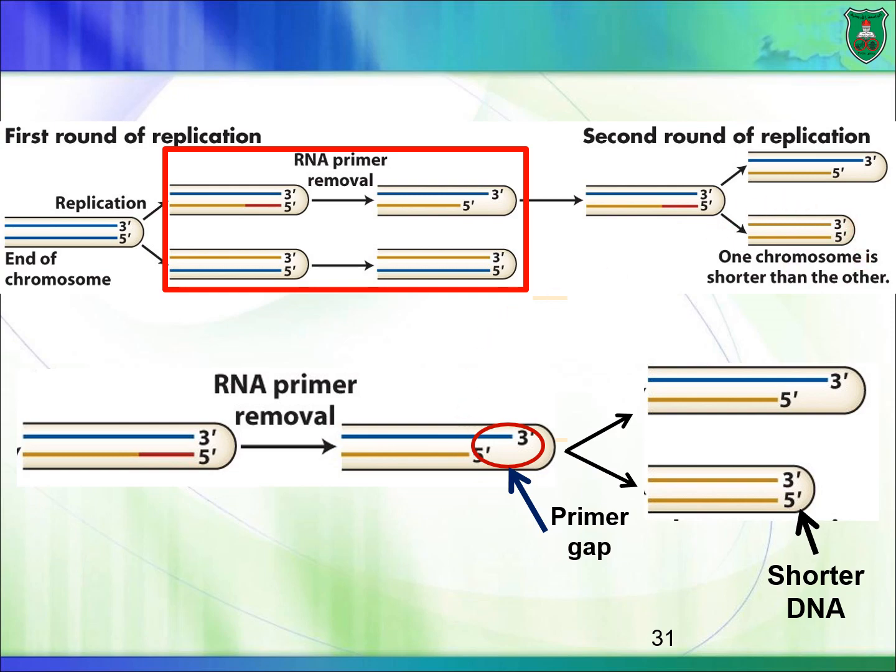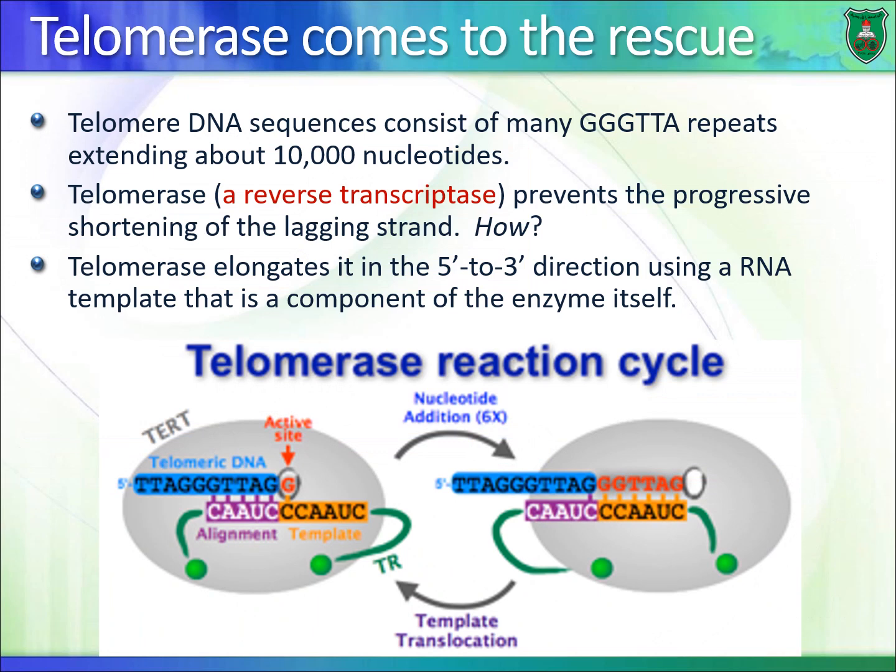Now the end of the chromosome, which is known as the telomere, is really important for stabilizing DNA. The lagging strand is completed by an enzyme known as telomerase.